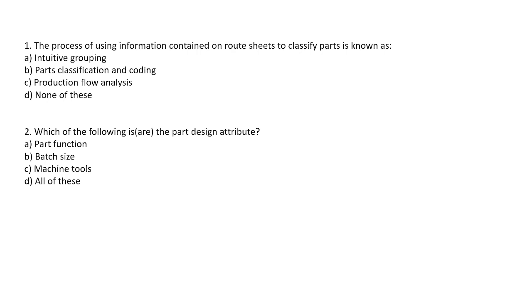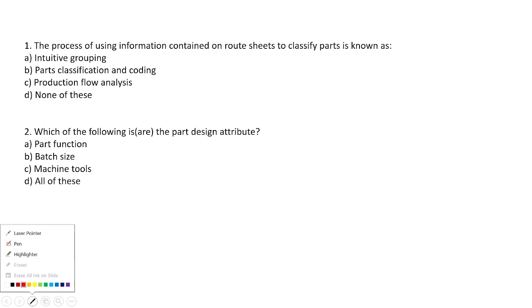Here the first question is: the process of using information contained on route sheets to classify parts is known as, that is nothing but production flow analysis, right? Just now we have seen the ways to identify the part families: grouping, classification and coding, and production flow analysis. Grouping is kind of a visual inspection, based on judgment to group parts into appropriate families, or based on photos of the parts.